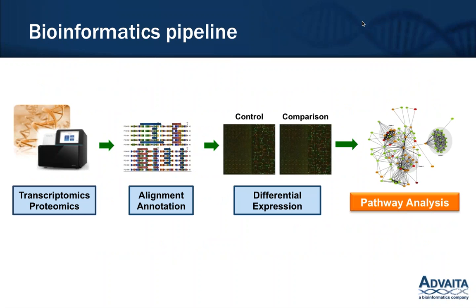So let's talk about the pipeline that most expression analyses go through. You start off on the left here with your instrumentation, and you get some, let's say, RNA-seq or protein expression. You do some alignment and annotation, and then you have your 2 phenotypes that you want to compare. So you have your control versus your comparison group, and you have your differential expression. Then you have your tertiary analysis, which is your pathway analysis, and that's really where iPathwayGuide fits in.